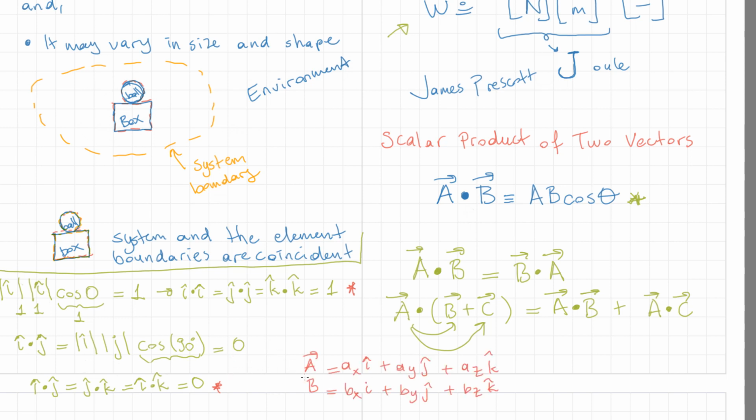I have vectors a and b, and both of them have 3 components in 3 dimensions. Those components are defined with the magnitude of the component in each direction and the unit vector in that direction. So if we calculate the scalar product of those two vectors, we'll get ax bx plus ay by plus az bz.